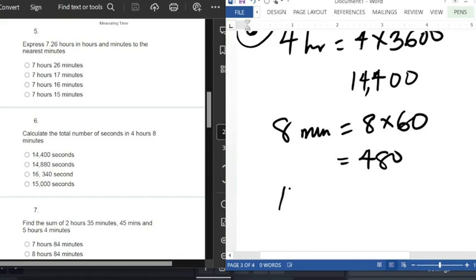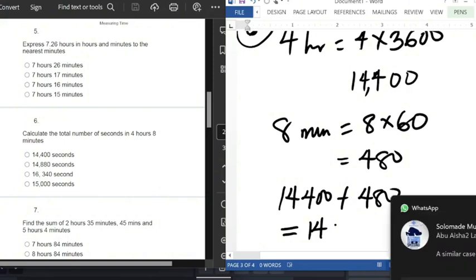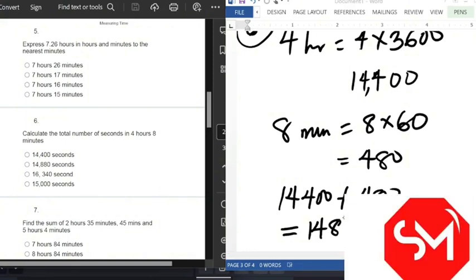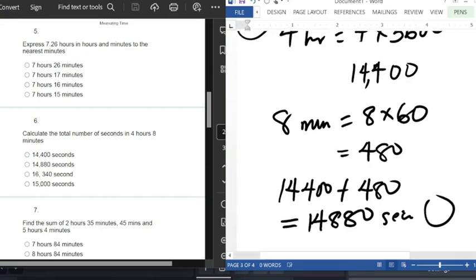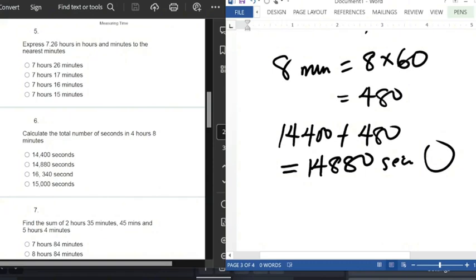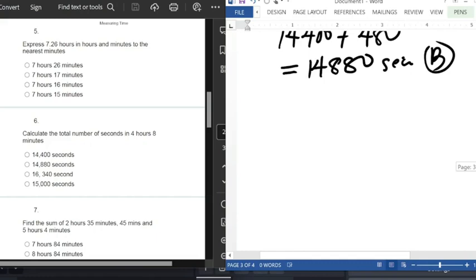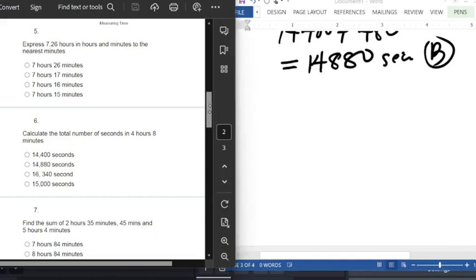So that is 14,400 plus 480, and that gives 14,880 seconds. So that is option what? Option B there. I hope this is very clear. Option B. So move to question 7 now.